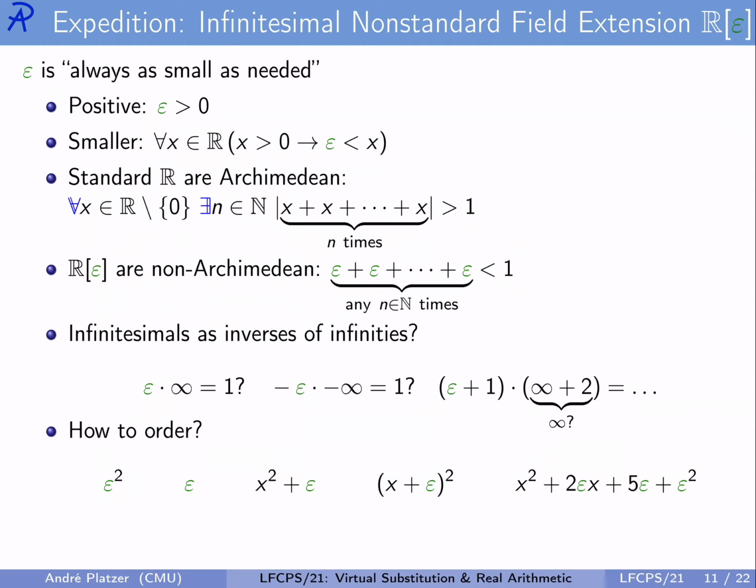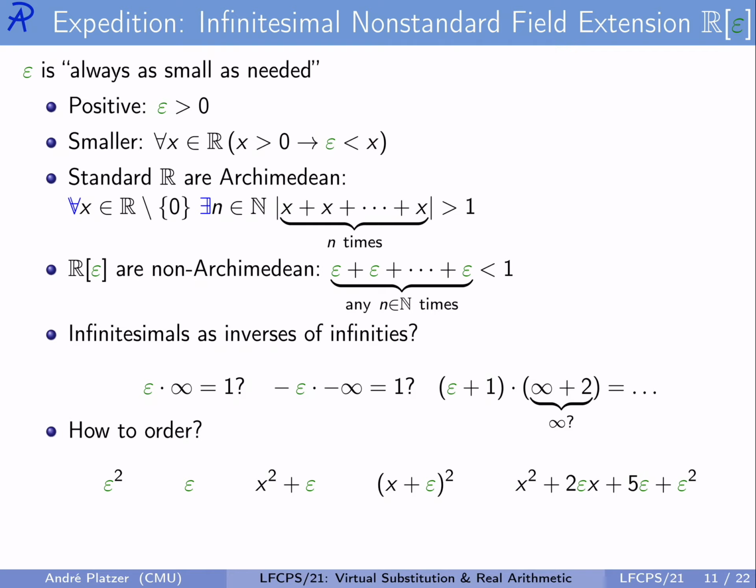They're always as small as needed. Remember, they're rubber band numbers, so an infinitesimal is positive, but it's smaller than anything else that's positive. For any other proper real number that you compare it to, if x is a positive number, then epsilon says, I'm actually smaller than you think I am, no matter how tiny the positive number is. Epsilon is always a bit smaller than that.